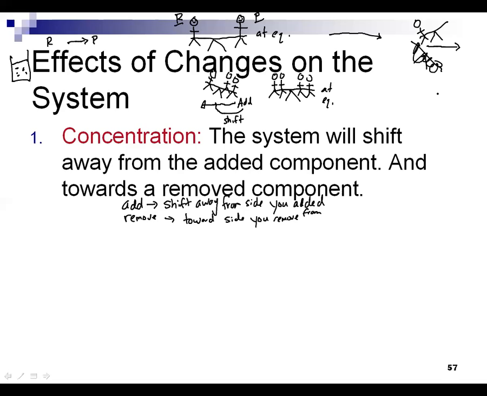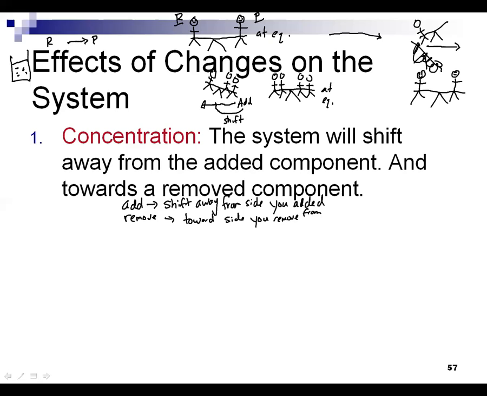And when you do, we would be back at equilibrium here. Stick figure 101. What's up faces? That's advanced stick figuring. And we're back at equilibrium. So in this particular case, when we add, it goes away from whichever side in the reaction. When we remove, it goes towards it. Any questions on that?